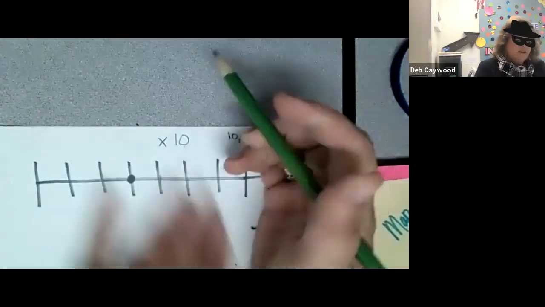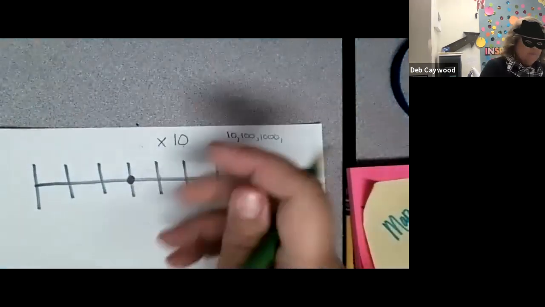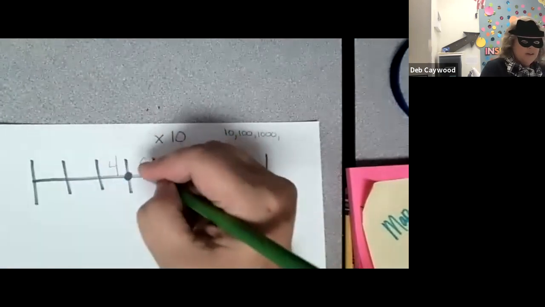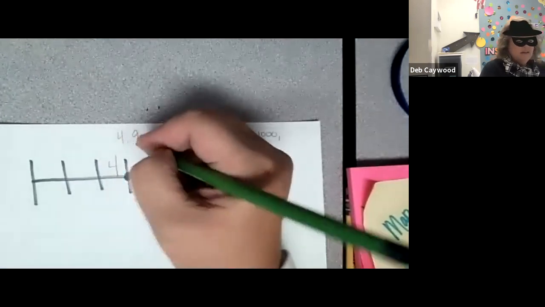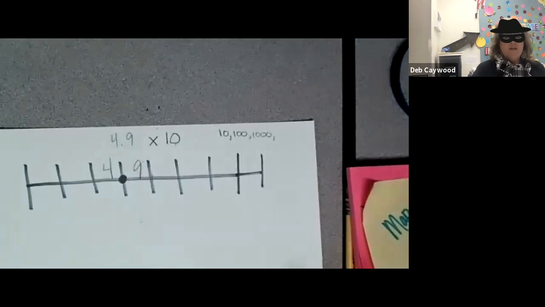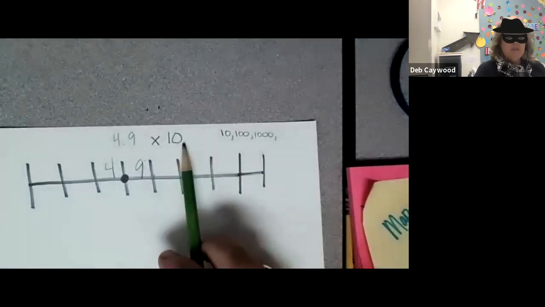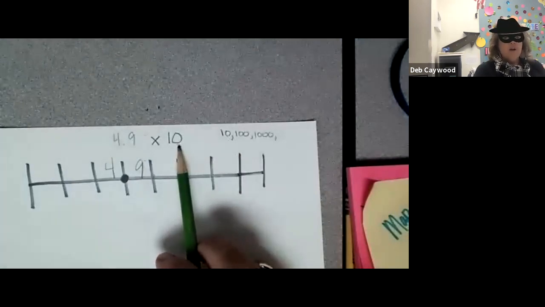Okay, so let's try another number. I should have used a whiteboard. Let's try 4.9 times 10. So it's a power of 10. I'm going to count the number of zeros in my power of 10, which was 1, because 10 only has 1 zero.